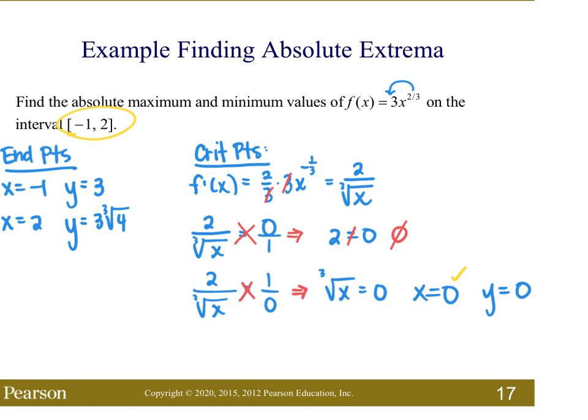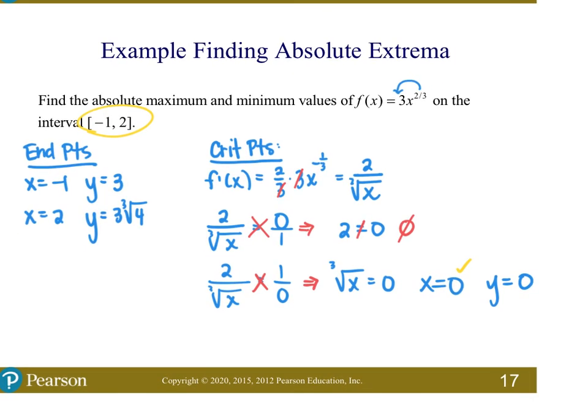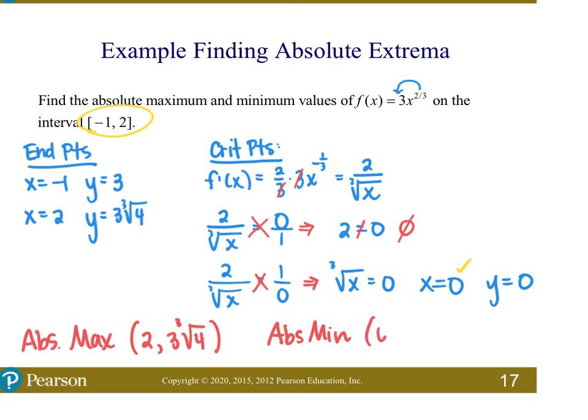So now we can identify the absolutes. The absolute max, the highest value of all, is 2 and 3 times cube root 4. That is the highest number. Our absolute min, now we did have a 3, which was lower, but the 0 is lower still, and so our minimum is 0, 0.